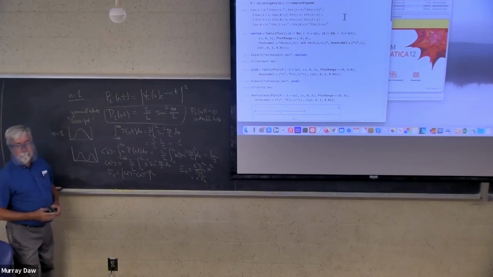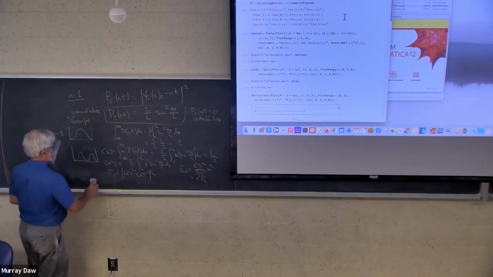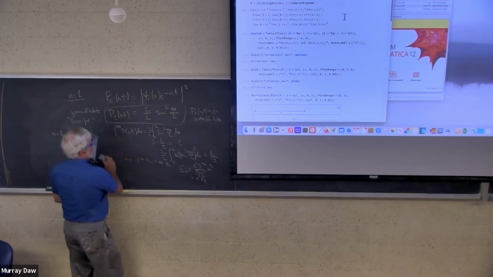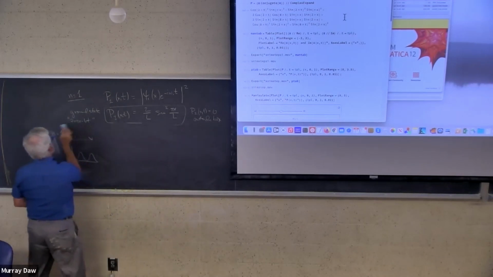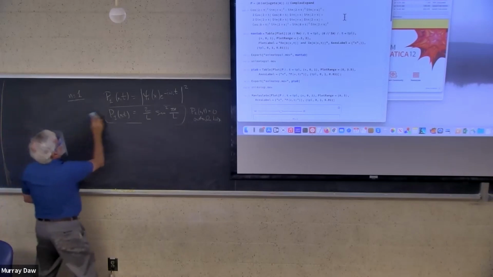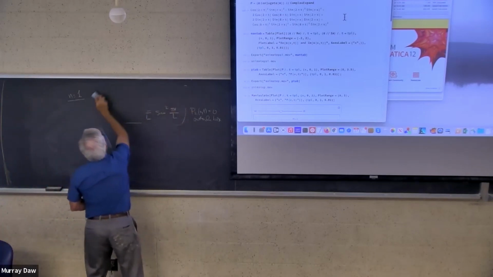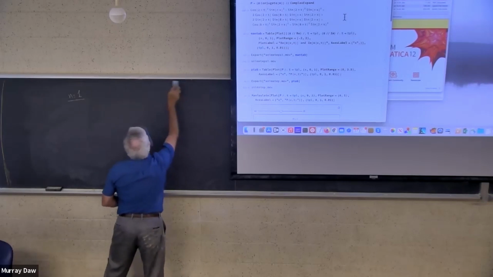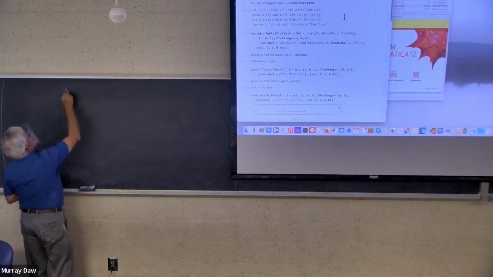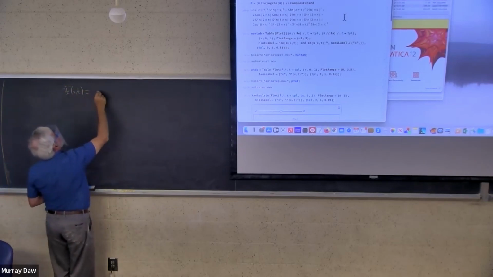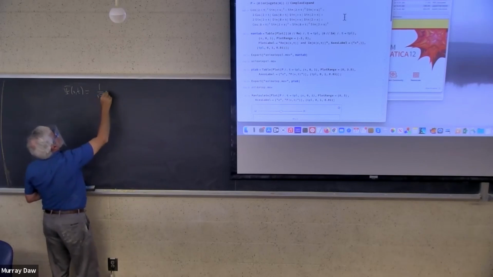Now we're going to do a superposition. We're going to find out what happens now, just like the guitar string or the piano wire, or the string under tension, we're going to now have a superposition. Something is going to be a little different here. So the wave function now is a solution to the time-dependent Schrodinger equation.